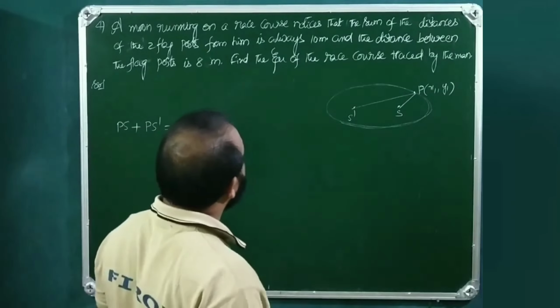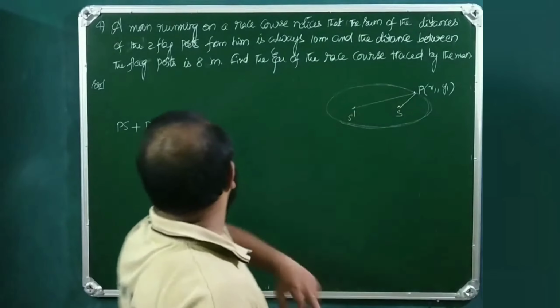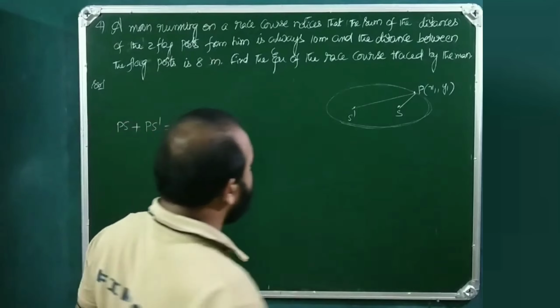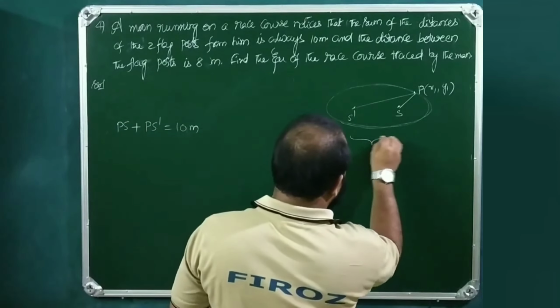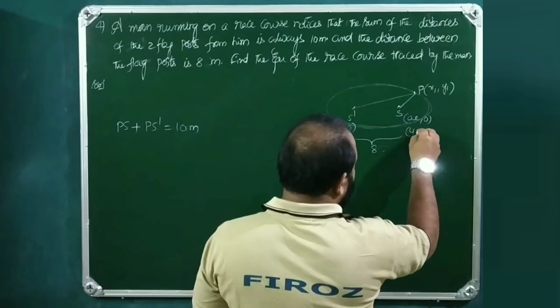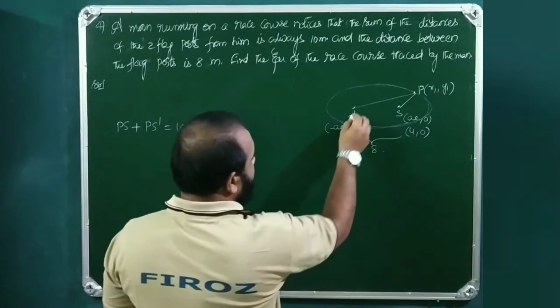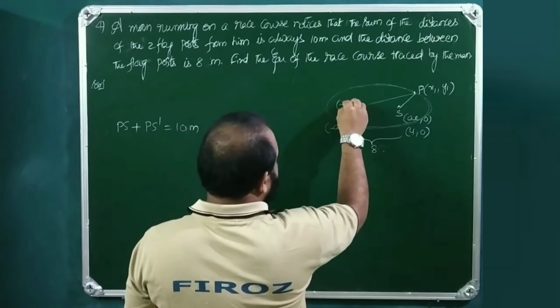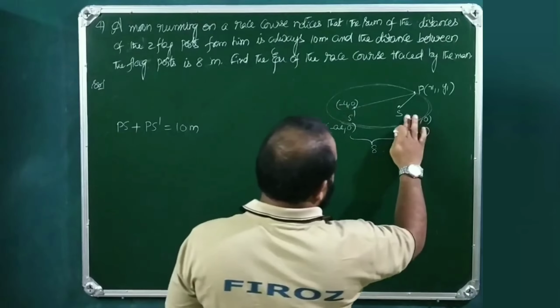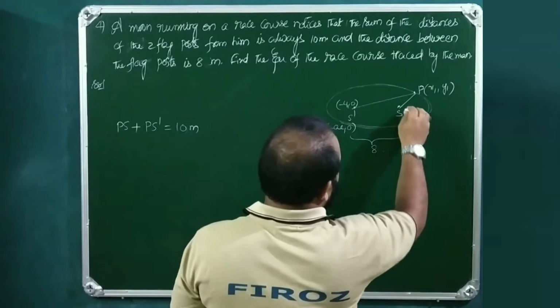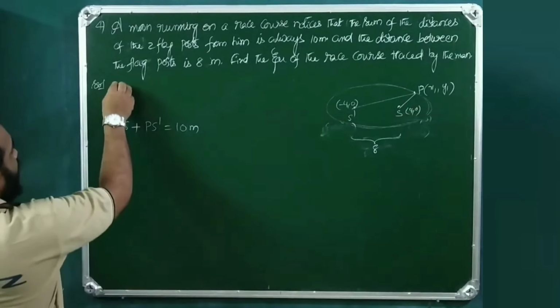Now, the distance between the flag posts is 8 meters, given. So that means this is 8, this is 4 comma 0 and this is minus 4 comma 0.